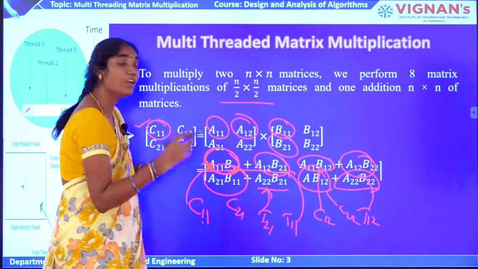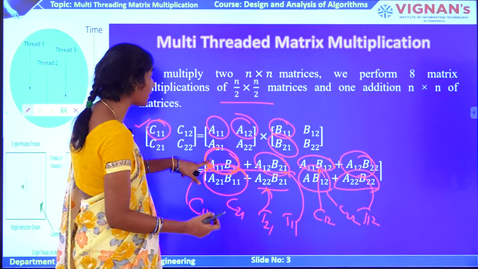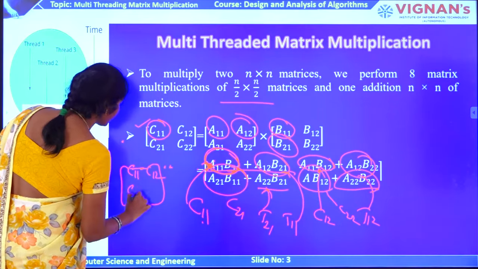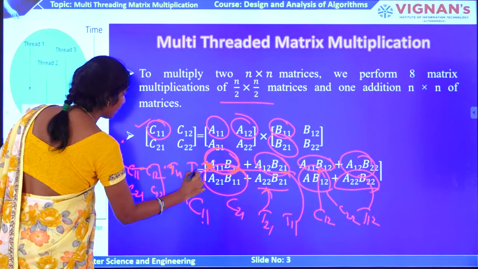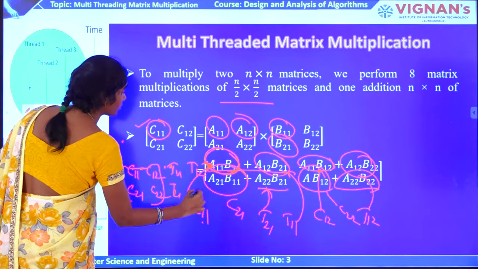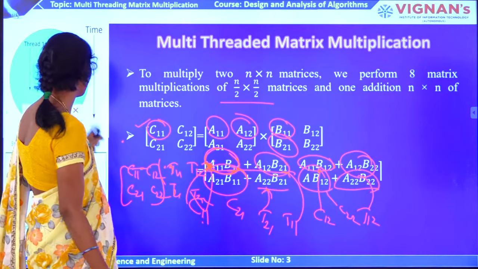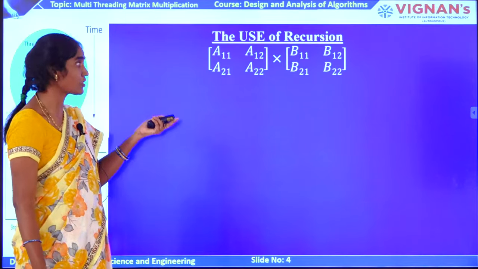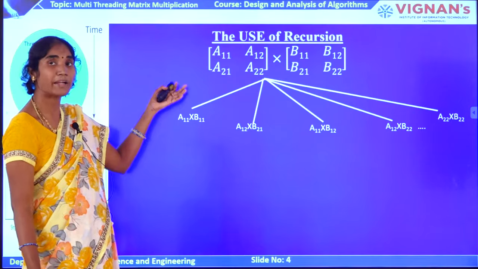Likewise I am taking each individual term. So finally I will have C11, C12, C21, C22 as well as T11, T12, T21 and T22. Here I have 8 terms I want to find out. Now we will see the process, but before that, how we accomplish the recursion to perform this matrix multiplication.